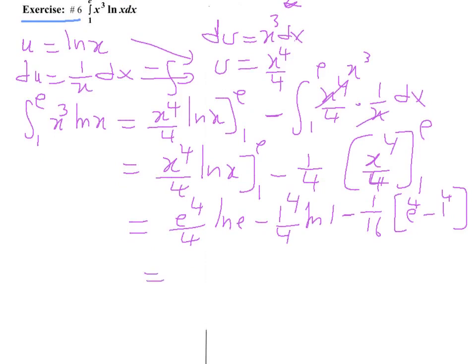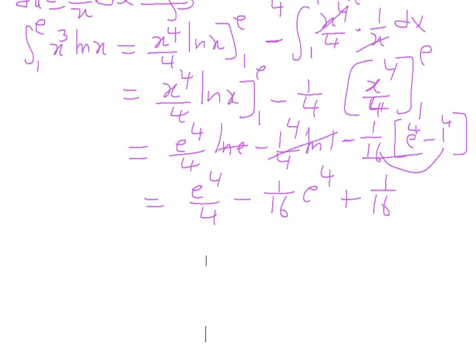Then this is equal to e to the power 4 divided by 4 times ln e, which is 1, minus ln 1, which is 0. So we are going to have here minus 1 divided by 16 e to the power 4, which is this, and plus 1 divided by 16, multiply this by that.